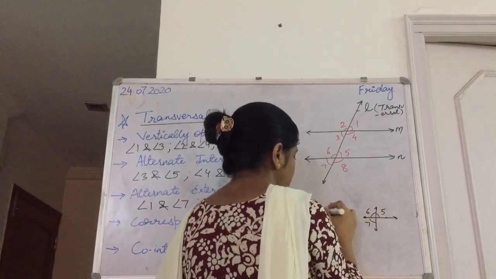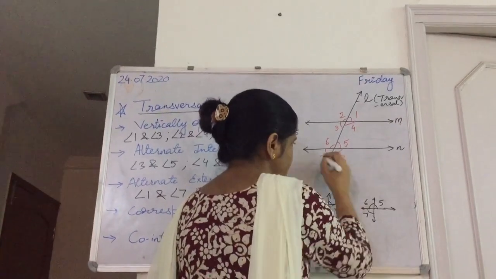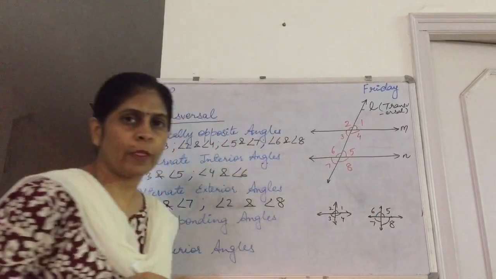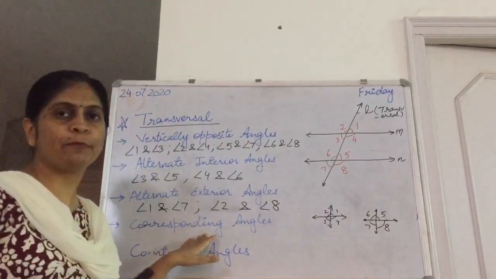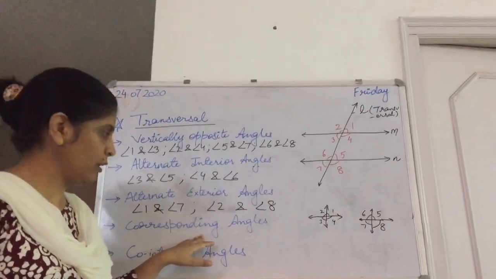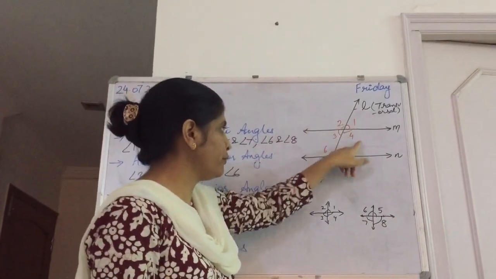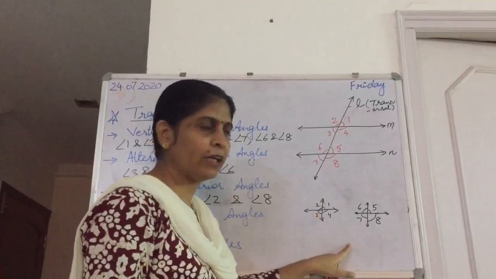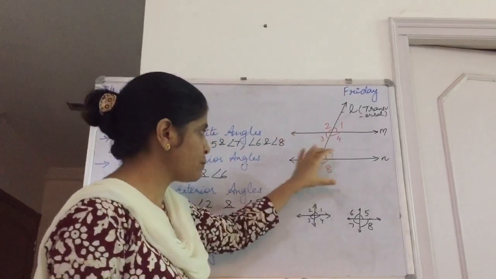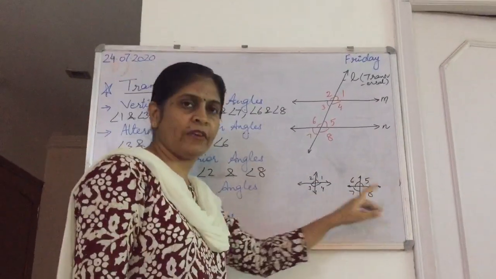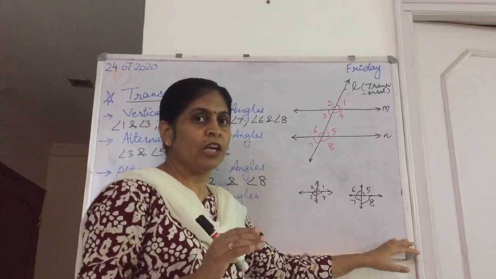I am marking the position of these angles and making these 2 plus signs separately. Corresponding means the positioning of the angles. I have drawn 1, 2, 3, 4 here, and separately 5, 6, 7, 8. I have not changed the positions.